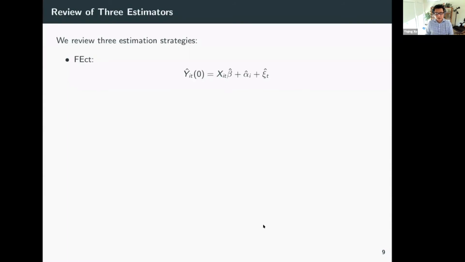So one is the fixed effect counterfactual estimator. It's very simple. It's basically using a 2-way fixed effect model as a way to impute counterfactuals. And we also incorporate the interactive fixed effect model, what I did in my dissertation, and 2 other authors are working on this model as well.